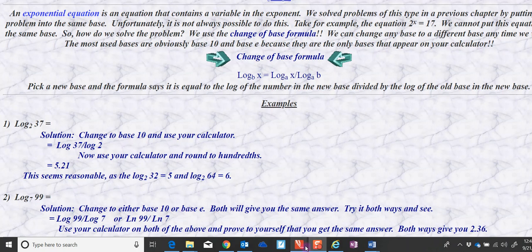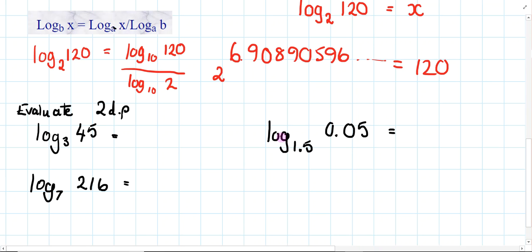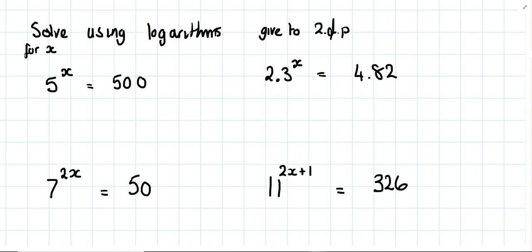What is that there? You go log. I'm just going to do it again. I've done all of them. I think I took the last one wrong. Zoe? Log 500 divided by log 5 equals 3.86. How did you do that?